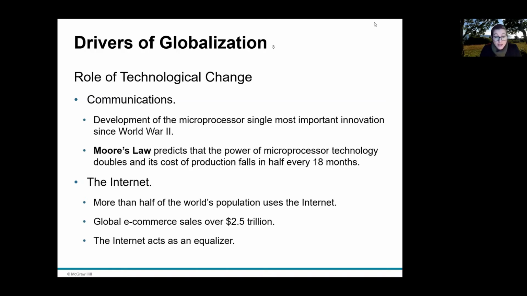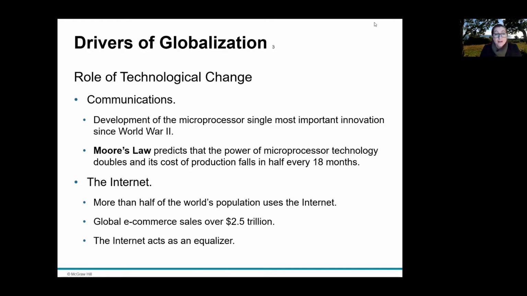In cyberspace, more than half of the world's population uses the internet, but in stating that fact, we have to recognize that there is indeed a digital divide. What's really interesting is that nation states that are lacking internet infrastructure have been able to engage in global e-commerce regardless of that lacking internet infrastructure.